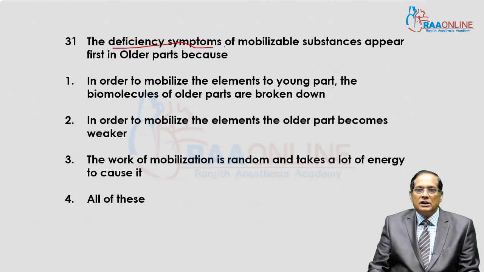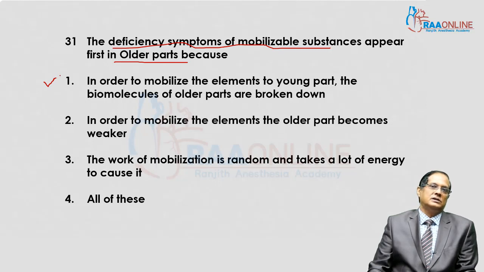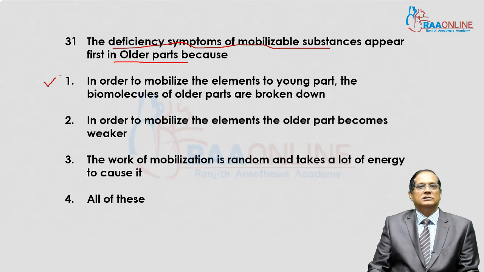Deficiency symptoms of mobilizable substance appear in older part because... In the previous set of questions, I gave the answer to this question with respect to nitrogen and potassium. If any element is rapidly mobile in the body, it is easily trapped by the younger developing and dividing tissue. So in that case, if there is a deficiency, the older part can't receive it.